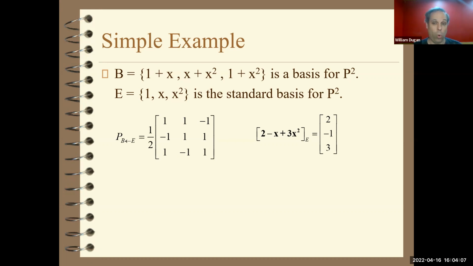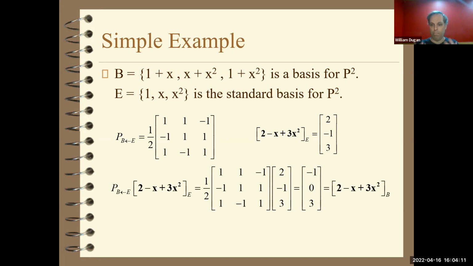So let's find out what its coordinates are relative to B. So to find the coordinates relative to B, that would have to be equal to the change of basis matrix that goes from E to B times the coordinates of this vector relative to E. It's just a matter now of bashing out this particular multiplication. The change of basis matrix times the coordinates, that has to then be the coordinates of the vector relative to B. And that vector then is -1, 0, 3.